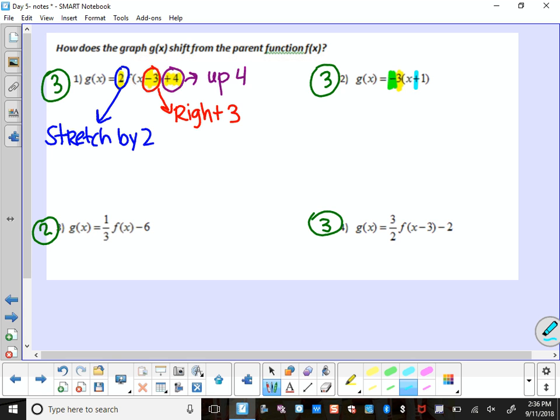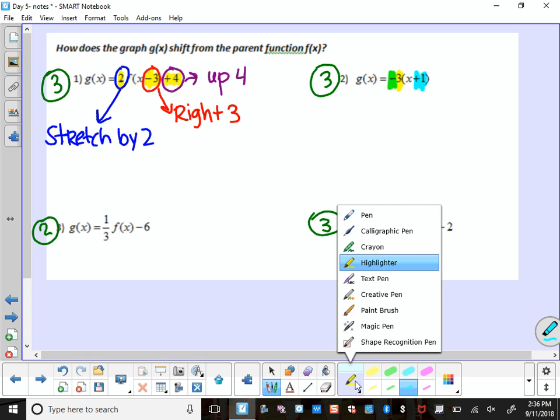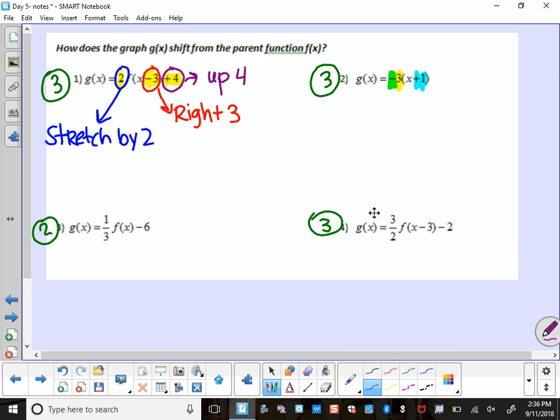Alex, the second one. All right, my negative tells me to do what? The negative in the very, very front. Flip around. Flip to your chart. It has the negative in front. Yep. Flip it. My 3 tells me to either stretch or compress.